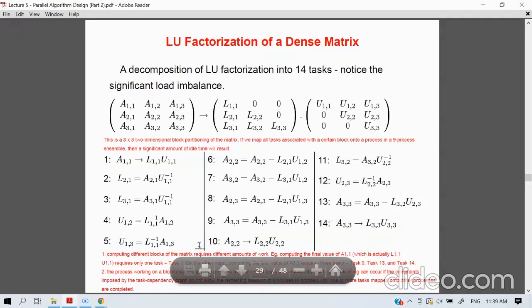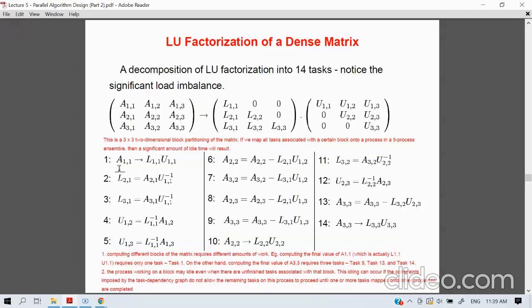On the other hand, sometimes like A11, to complete this task, it only needs one step, which is task number 1. Same goes with the others. So that's why it said this is an example of imbalance of the load.